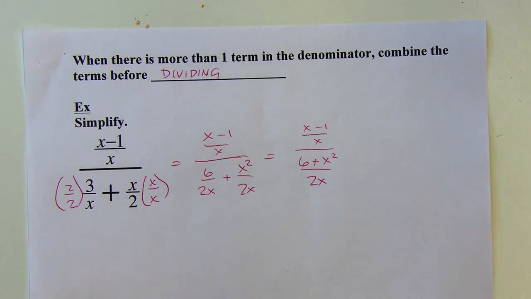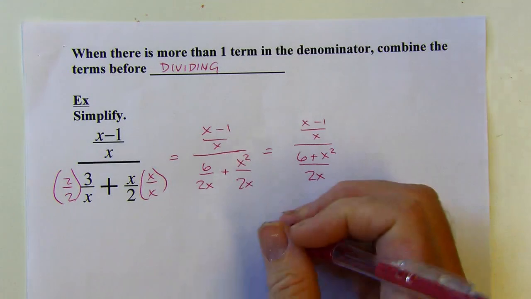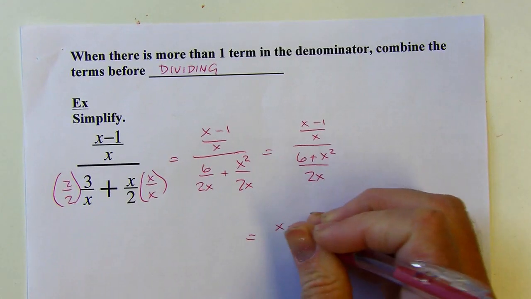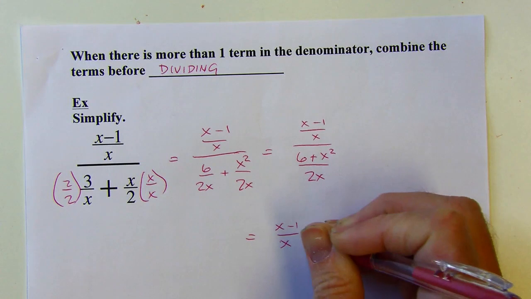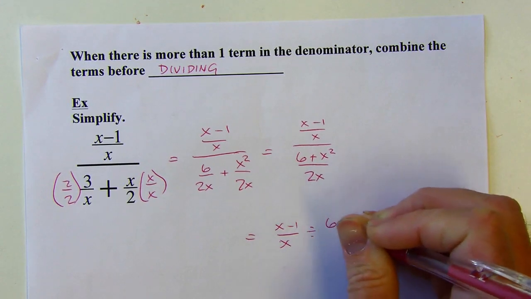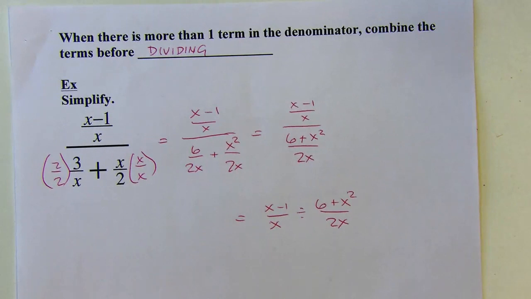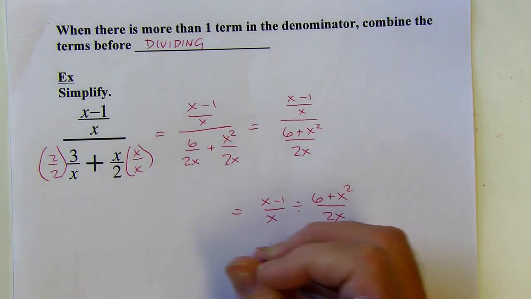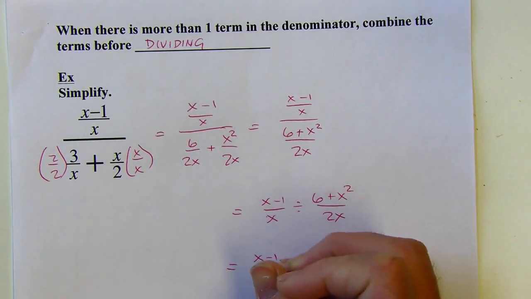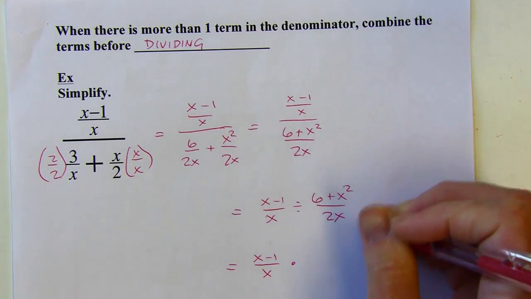All right, so now at this point I can write this as division. And then in turn I can write that as multiplication. So I'm flipping that second fraction.